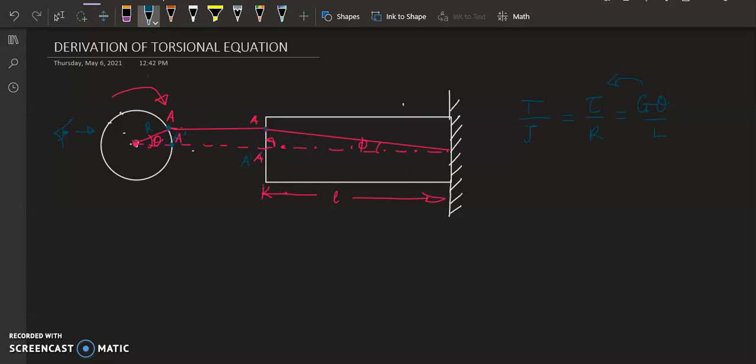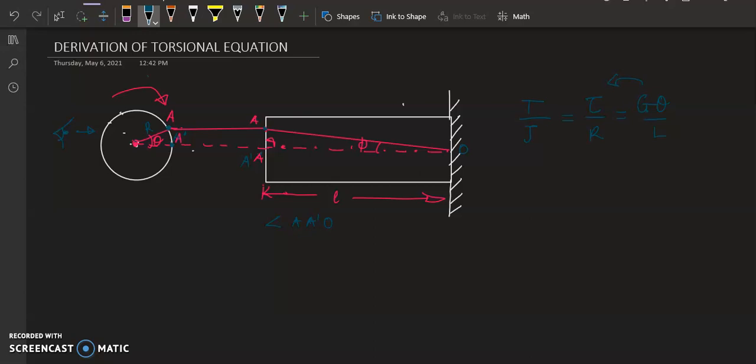So we are going to extend these ends to this line, and we're going to come up with a right angle triangle, A prime O. So that is the triangle through which we are going to base our arguments, or rather derive the torsion equation.